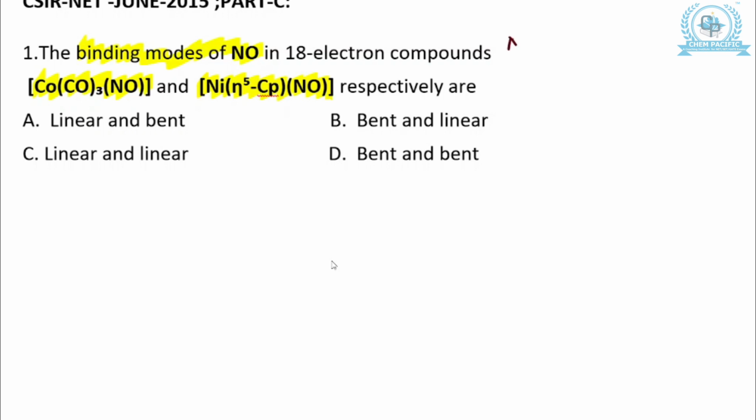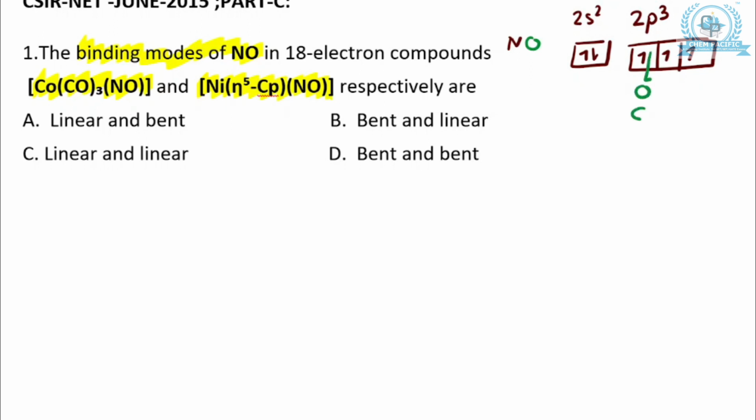See, nitrogen has the electronic configuration 2s2 2p3. Once it forms NO, it results in the formation of one sigma bond with oxygen and also one pi bond. Now it is clearly visible that this nitrosyl has one unpaired electron.